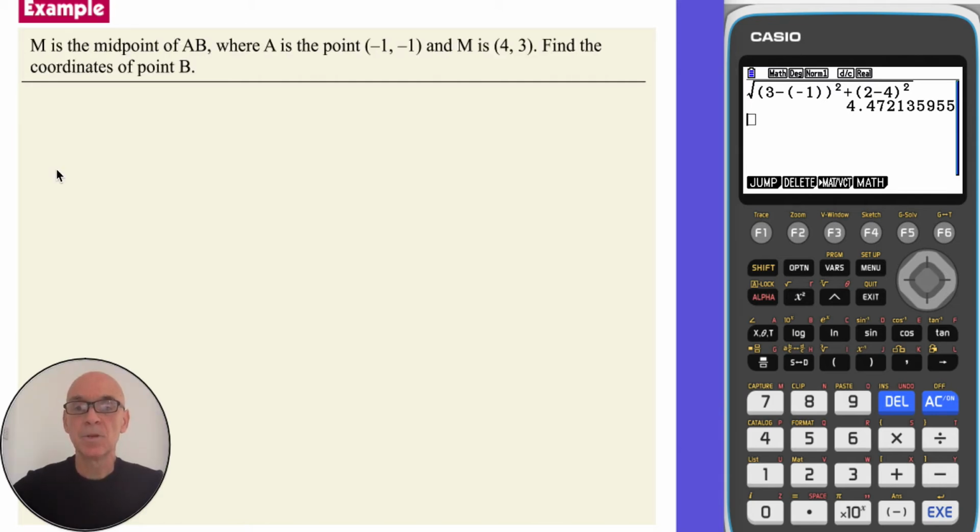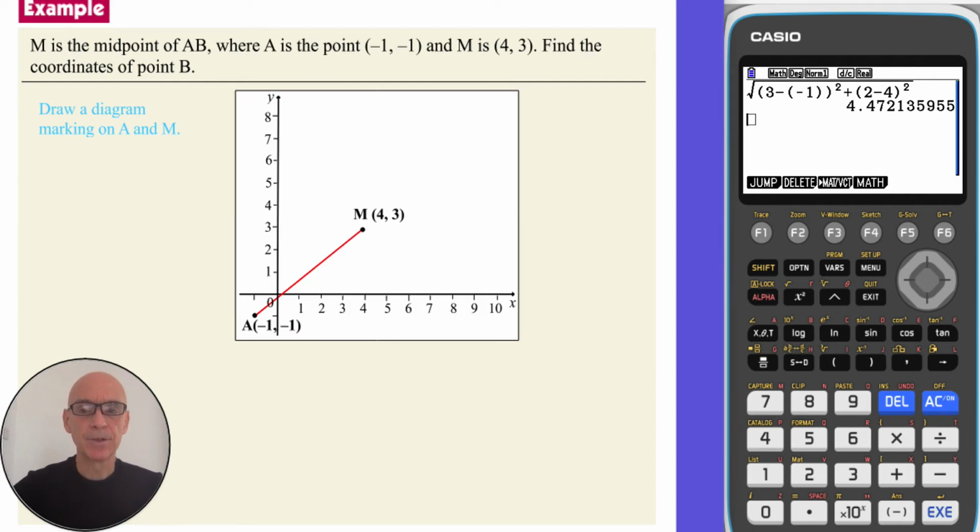In this question, we're told that M is the midpoint of AB, and we're told that the coordinates of M are 4, 3, and we have to work backwards and work out the coordinates of point B. So we can start by drawing a diagram and marking on the points A and M as shown.